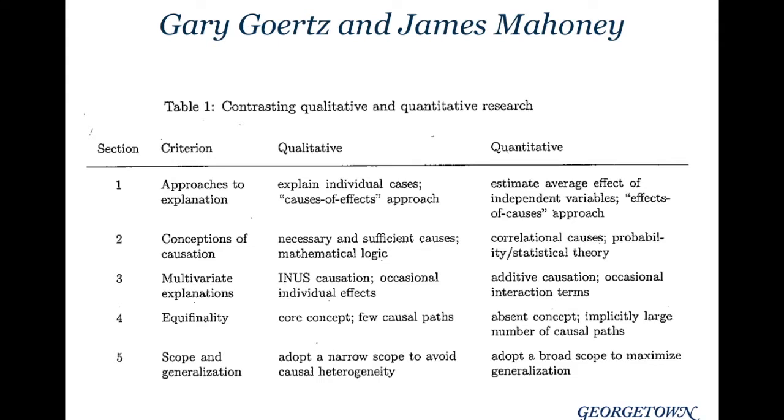A fourth difference is what we call equifinality. Equifinality is a term for different paths to the same outcome. And we may have many different paths that may have very little in common. When I talked about INUS variables, I gave an example of a combination ABC leads to Y, but there's this other combination DEF leads to Y. We could imagine a real world example.